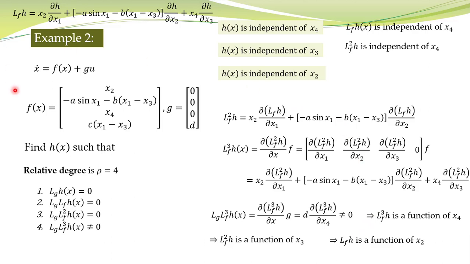For example, if I were given this system, I would have tried it with different h of x, for example h of x equal to x2, h of x equal to x3, and maybe finally h of x equal to x1, and would have reached some conclusion. Of course that should be supported by some educated guess, and otherwise you can always follow these guidelines which are obtained from these conditions.